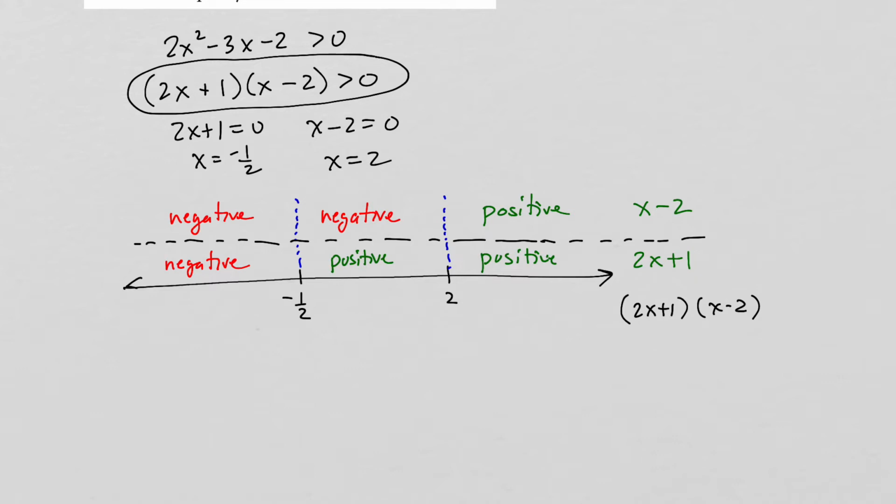And so now all you have to do is look at your intervals here, and you can see that when you plug in a number that is less than -1/2, you will have a negative times a negative. Well, if you multiply two negatives together, that is going to give you a positive. In the middle here, if you multiply a negative number times a positive number, that is going to give you a negative number. And finally, if you multiply a positive number times a positive number, you will get a positive number here.